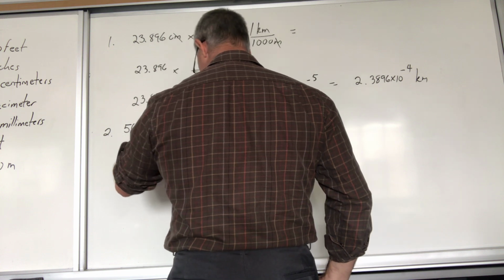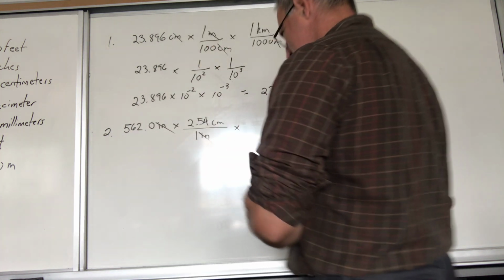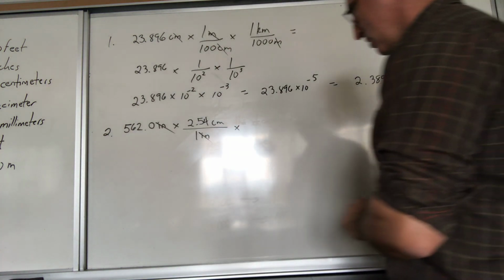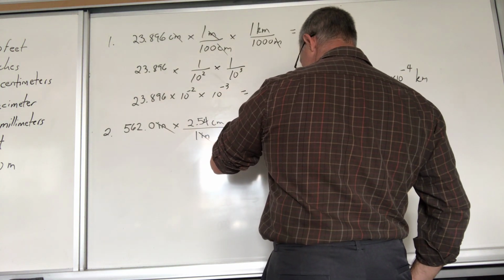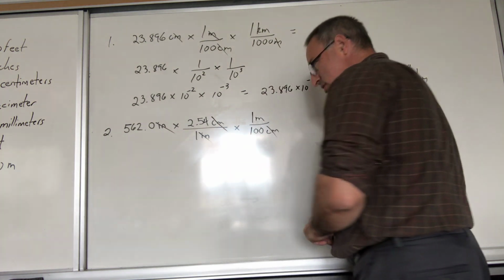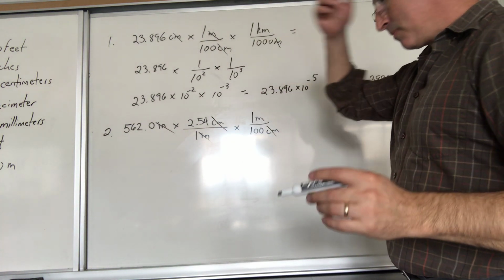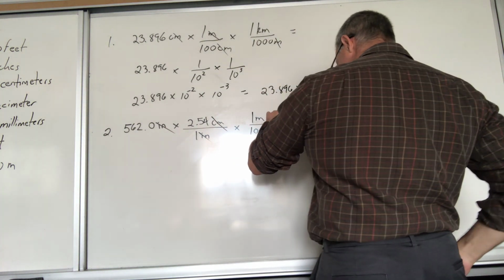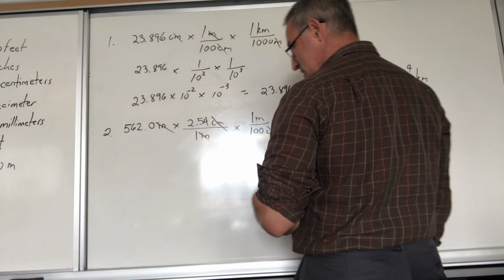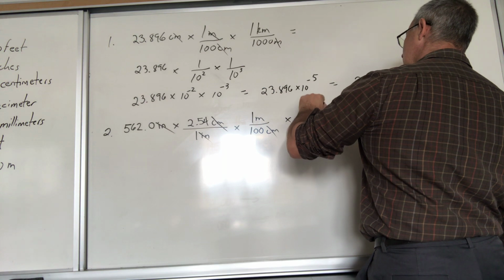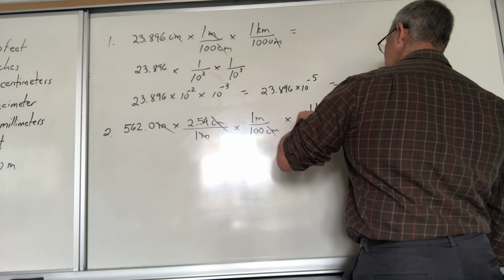I won't worry about the number just yet, so I'm getting rid of inches. And now I wanna turn it into meters. I know there's 1 meter per 100 centimeters. That allows me to cross out centimeters. Again, don't worry about the numbers yet. And then I make the step to kilometers, and the conversion factor from meters to kilometers is 1,000, so 1 kilometer per 1,000 meters.